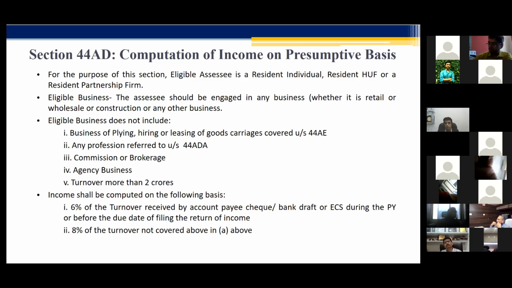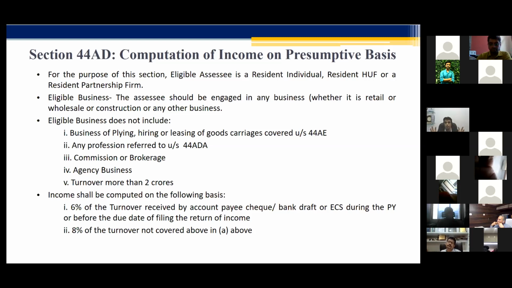It says you have to offer for tax 8% of the turnover and 6% of the turnover. Now, 6% of turnover is that which is received by account payee cheque, bank draft, or ECS before or during the due date of filing the return of income. So in this case also, you have to calculate the payments received in the bank and then apply 6%. The balance will automatically be 8%.